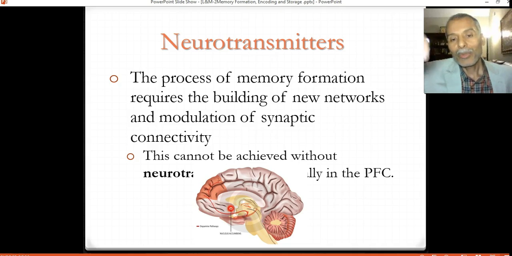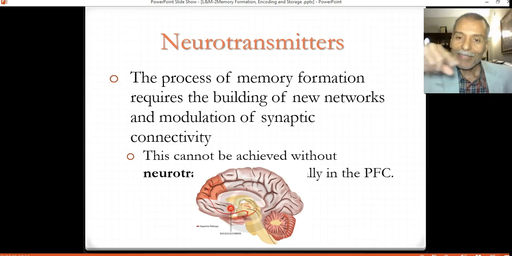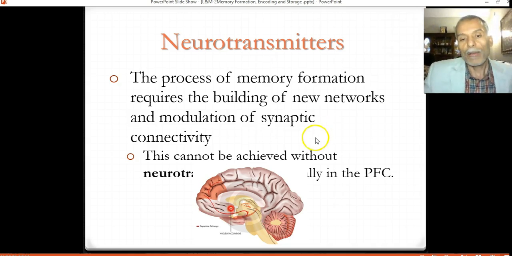You have to regulate the connectivity between one part and another, one circuit and another, one neuron and another. In order to achieve that, you have to have neurotransmitters, and you have to have the prefrontal cortex engaged.